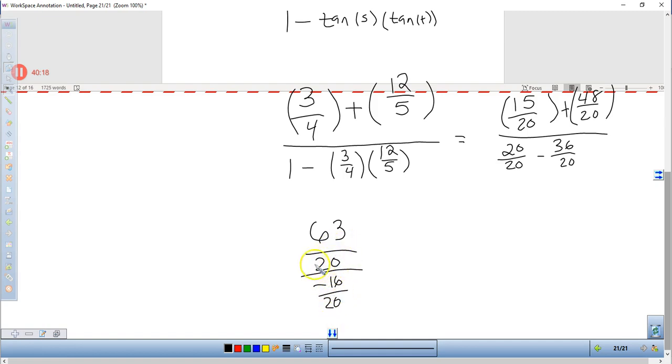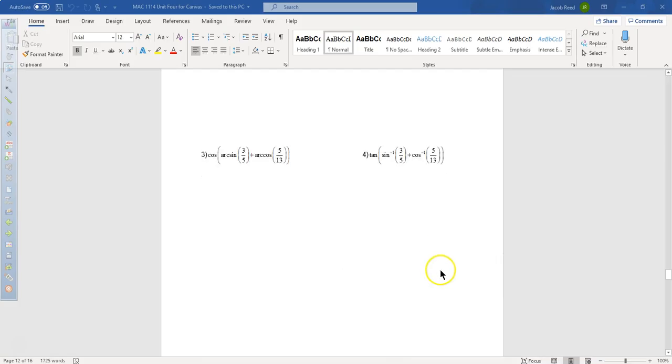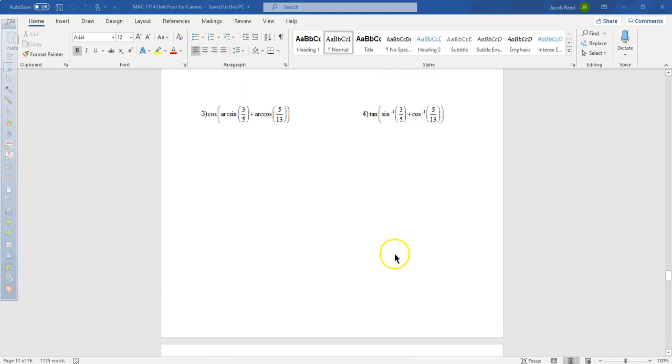And since these both have the same denominator, they cancel out, which leaves me 63/negative 16. Okay, looks like that is the end of 6.1.